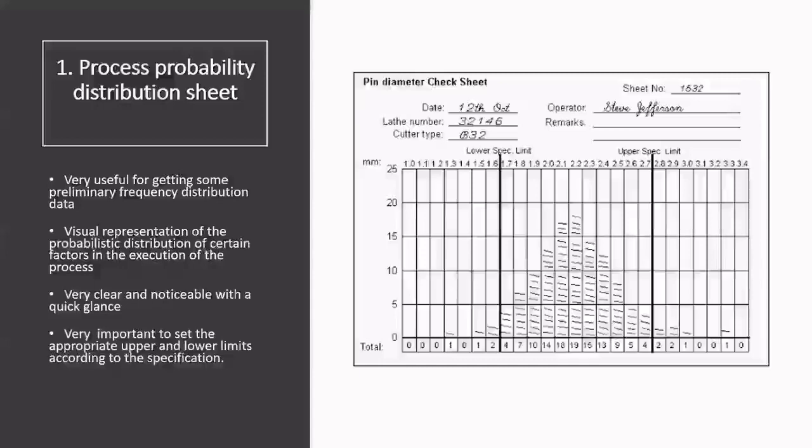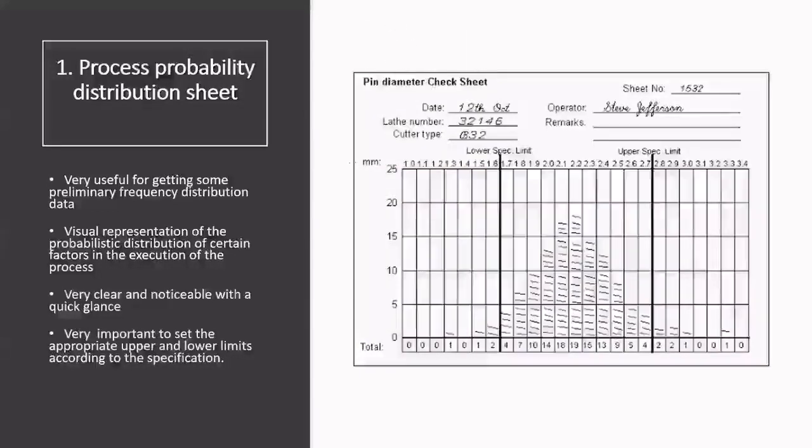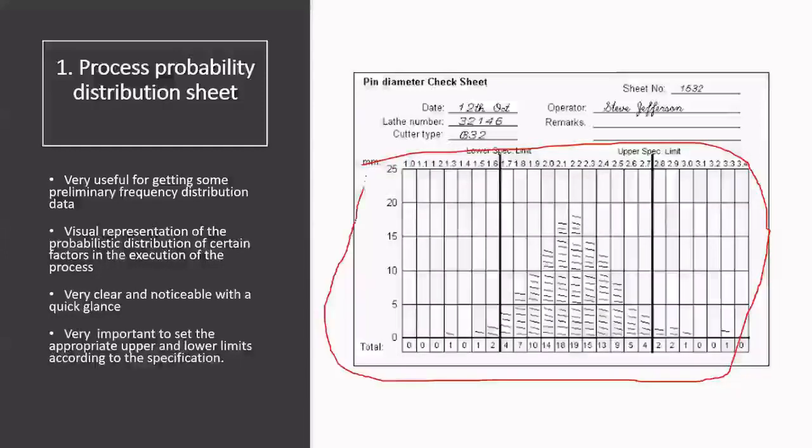Not only that, here you can see whether it is normally distributed or not. What is the skew of it? You have to focus on the basic information first of all. It should match your requirement. This is the main requirement.